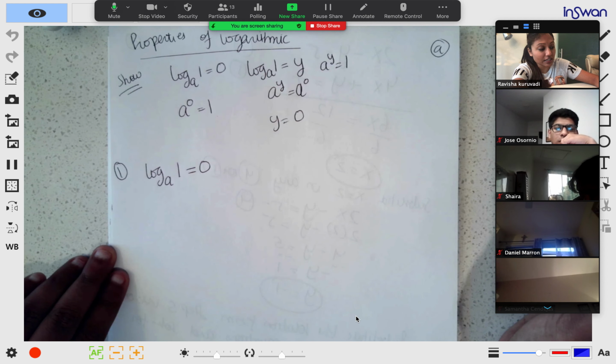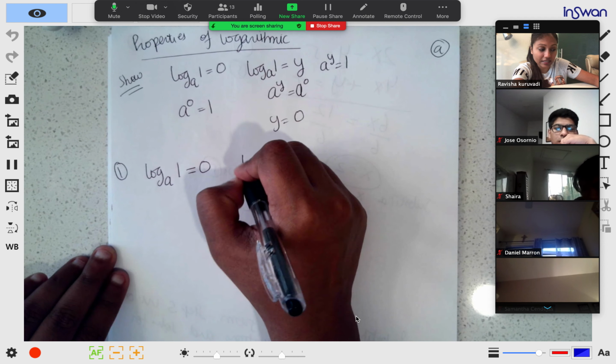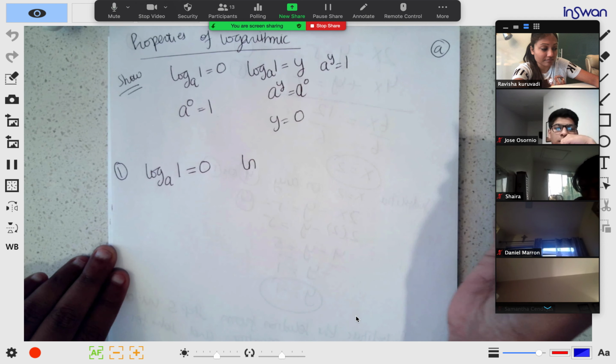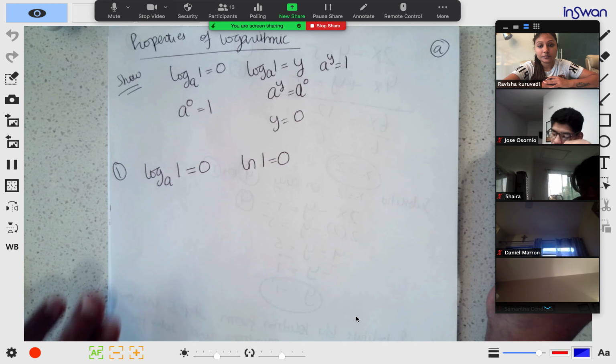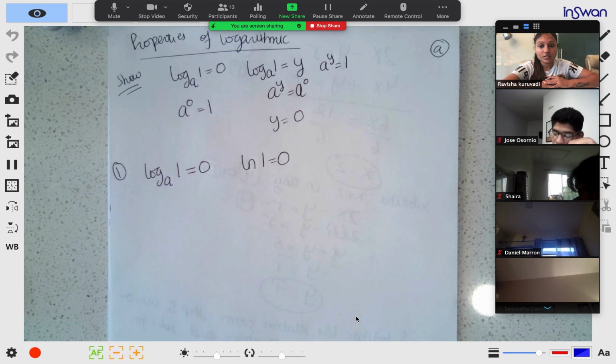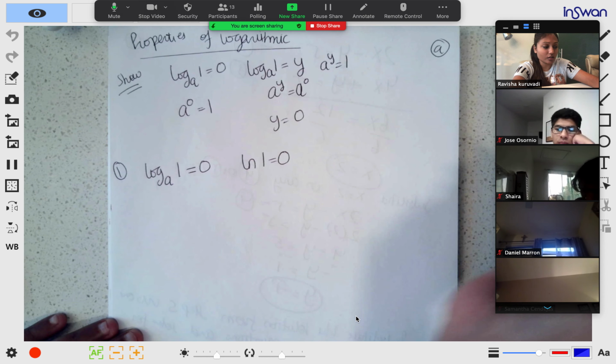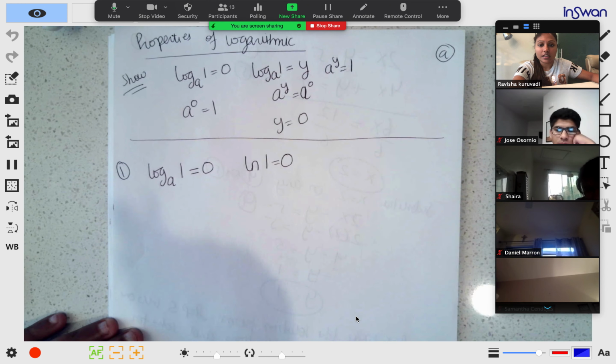Similarly, ln is basically log base e, so ln 1 will also be equal to 0. So this is the first property.